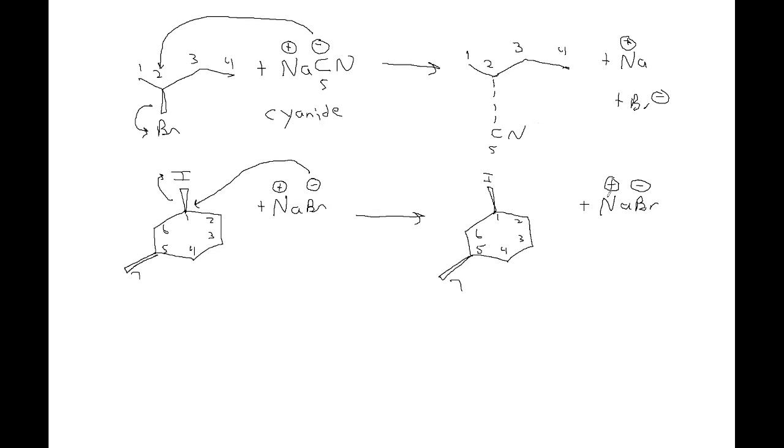So how should we modify this picture to show the product? So you add a bond between bromine and carbon 1. And then break the bond between carbon 1 and iodine.